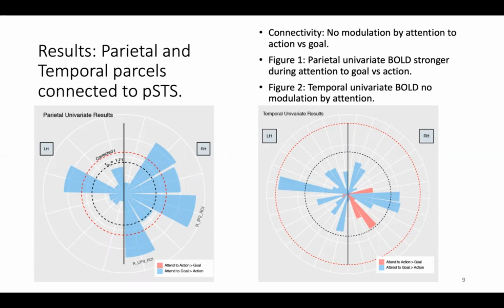However, on the left of figure 1, we found that the parietal univariate BOLD response was stronger during attention to goal than action, which had been found in previous action observation literature. On the right, in figure 2, we didn't find a BOLD response modulated by attention in the temporal cortex.